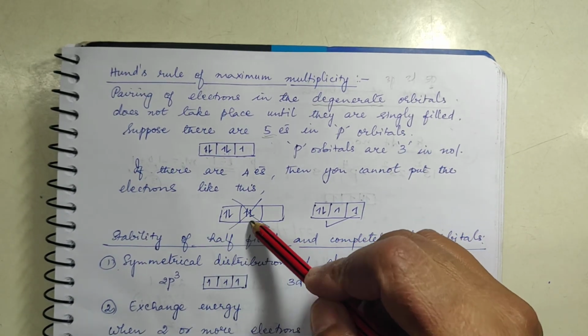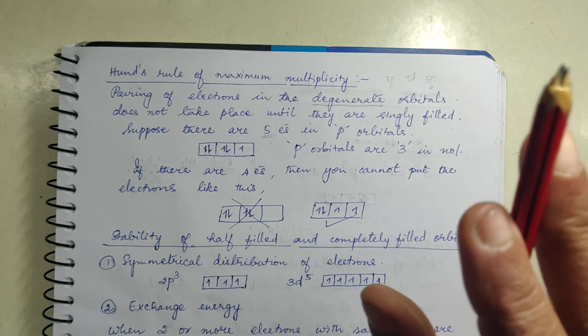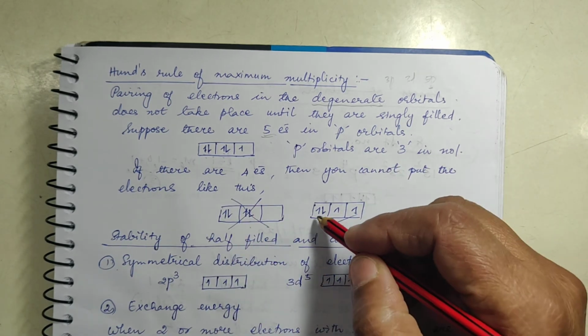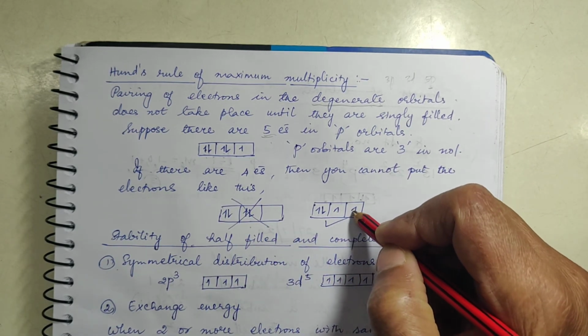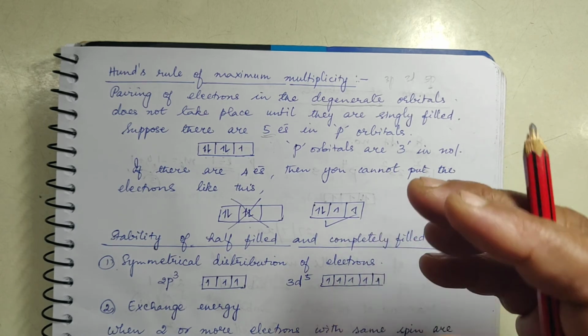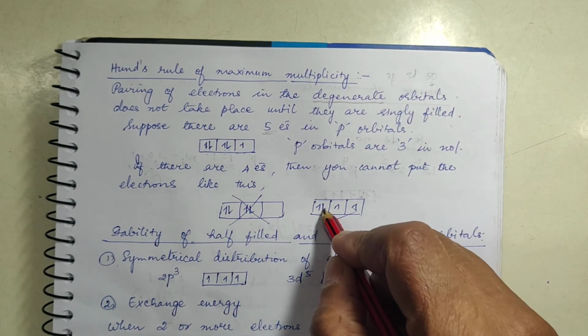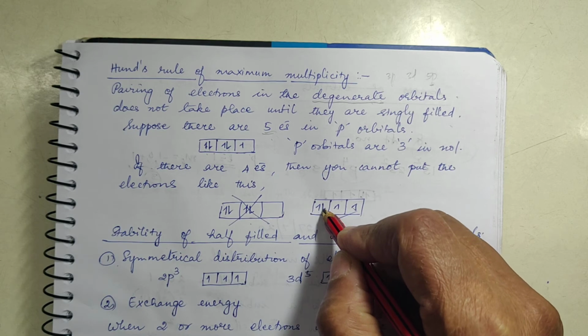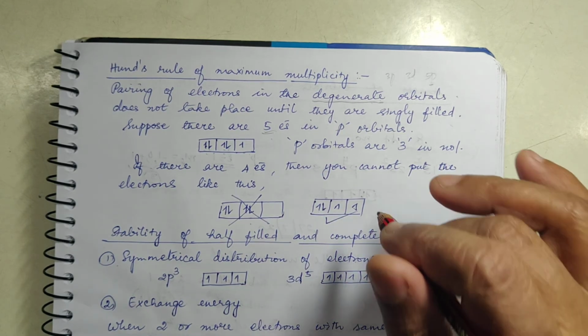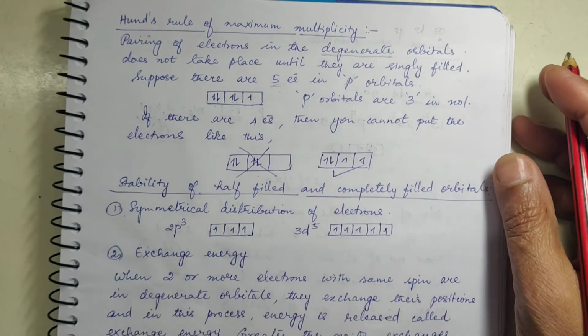You can't fill it up in both the orbitals and finish it off. This is not the way. You have to first fill them singly. First put one electron in each, and if there is availability of electron, start pairing them. So this is Hund's rule of maximum multiplicity.